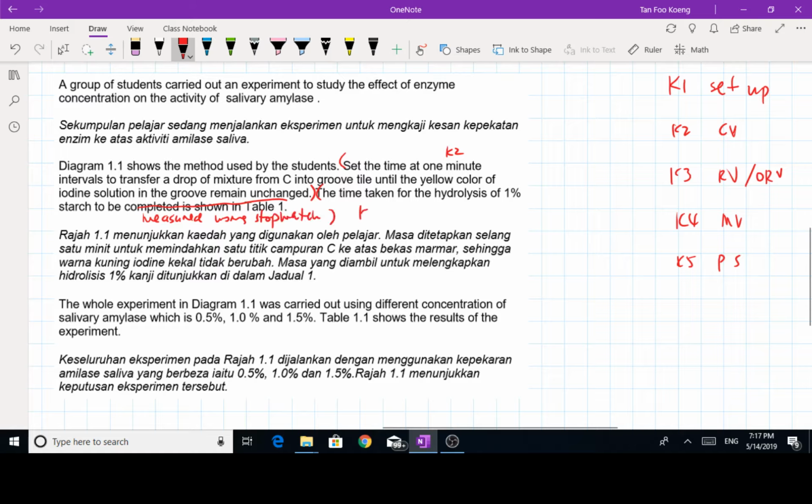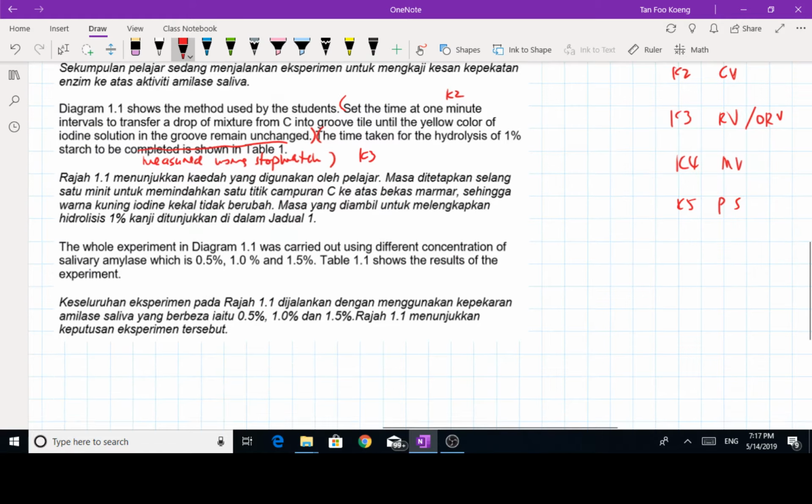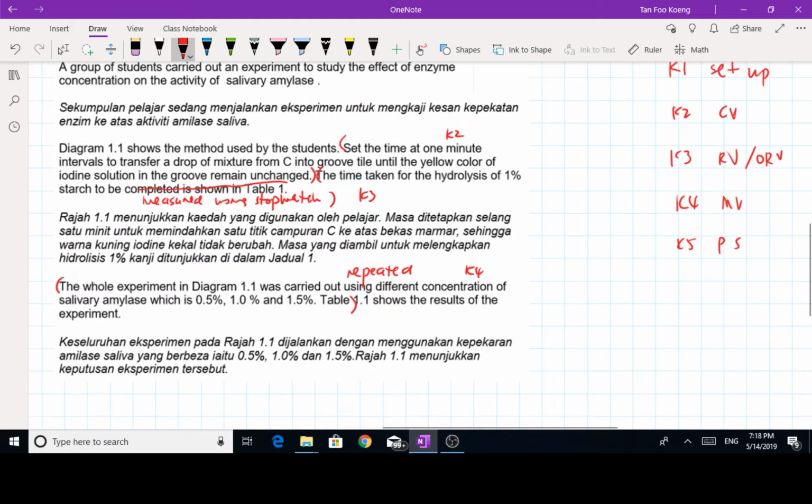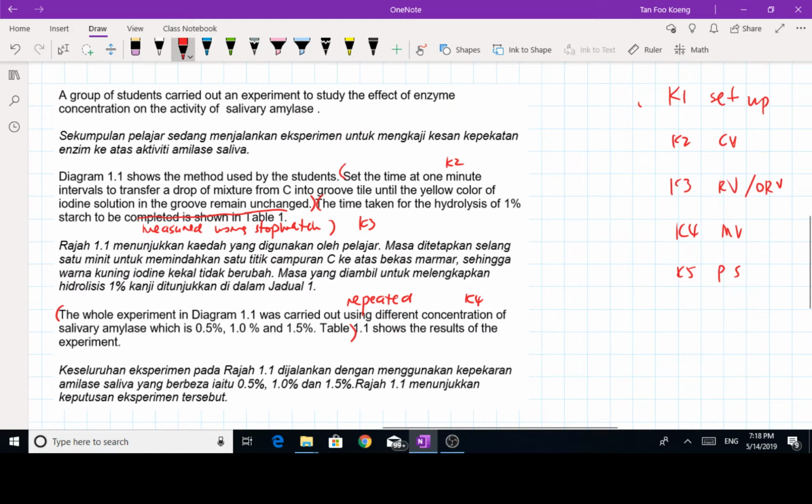Okay, good. Then this one is your K3, your RV. Then the whole experiment was repeated again using different concentration of salivary amylase again. So you have repeated here. So this is your K4. K4 is your NV. Alright. So basically you have the K1, your K2, K3, K4.